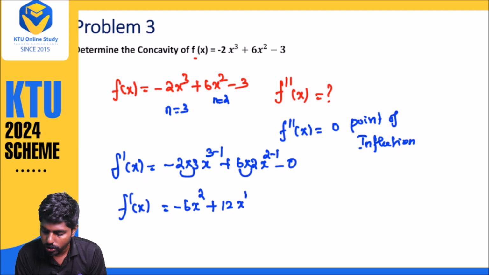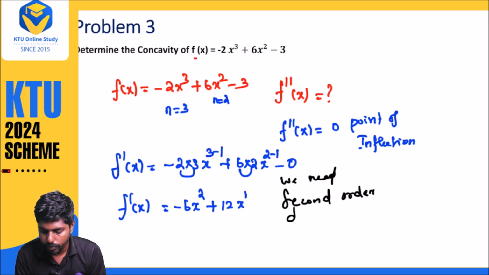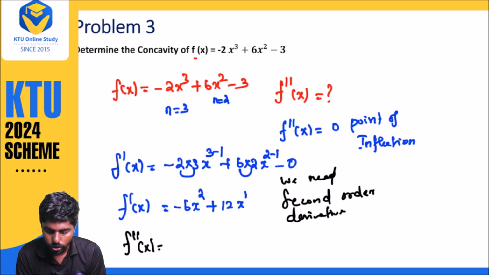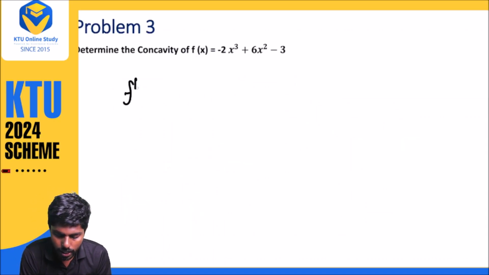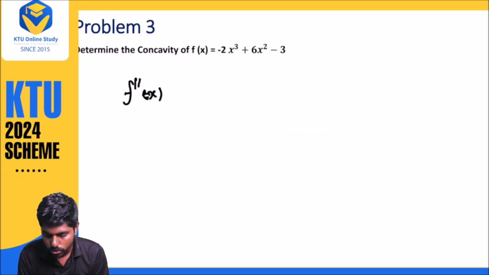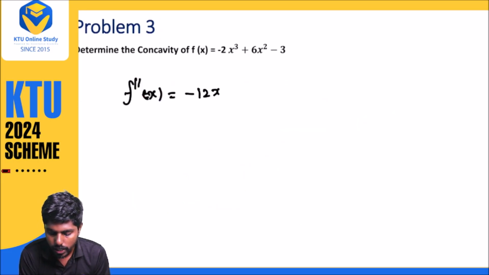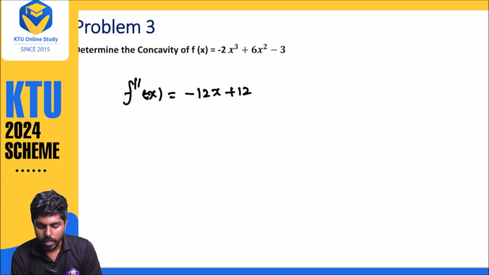Again we need the second order derivative. So f double dash of x is equal to minus 6 into 2 x power 1 plus 12 into 1. So f double dash of x is nothing but minus 12x plus 12.